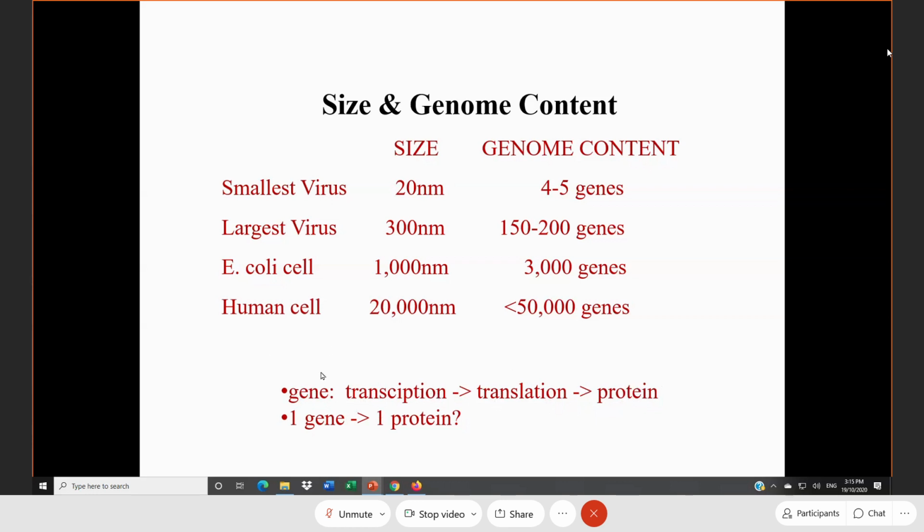The other one is nucleic acid synthesis, DNA synthesis or RNA synthesis. There are only two pathways: one is to produce new nucleic acids for the virus, the other is to produce new protein for the virus. That is what the virus is doing when it infects the cell. The major aim is to replicate, so they need to produce nucleic acids, DNA or RNA, and also protein.